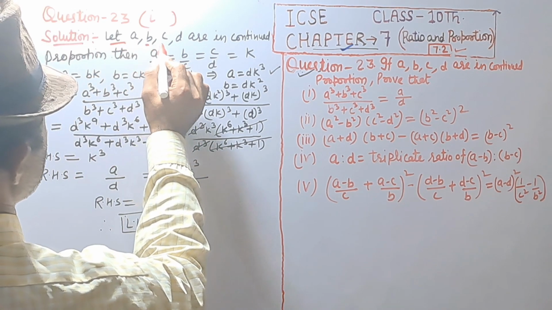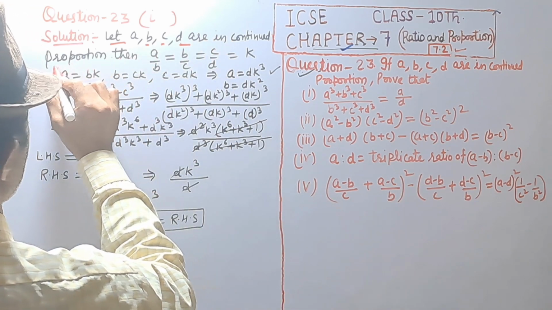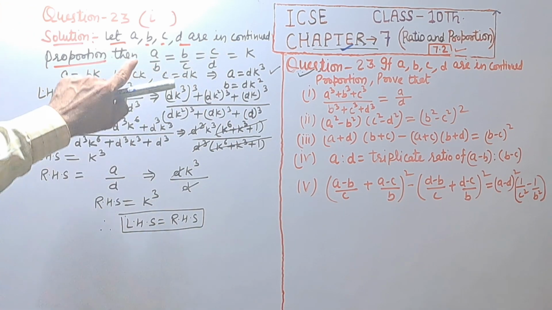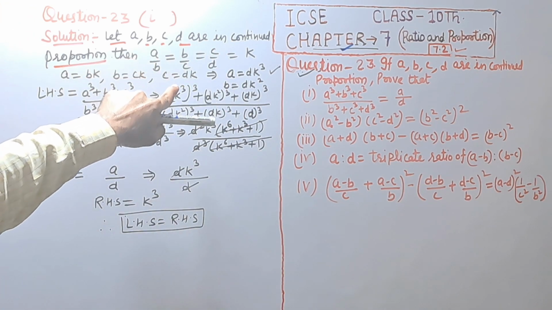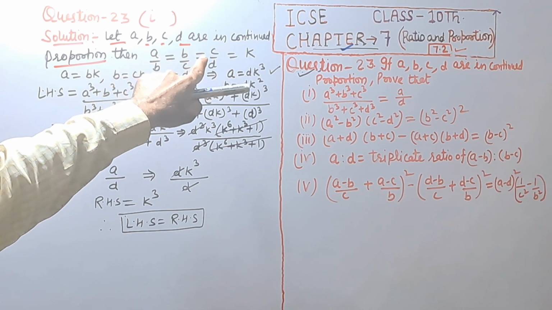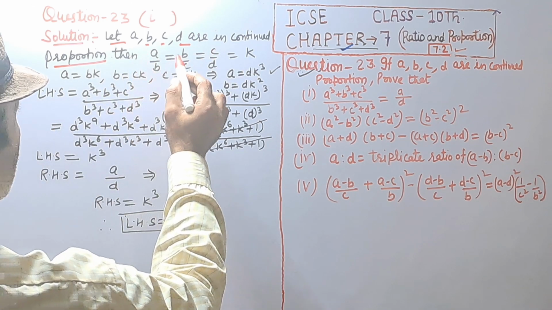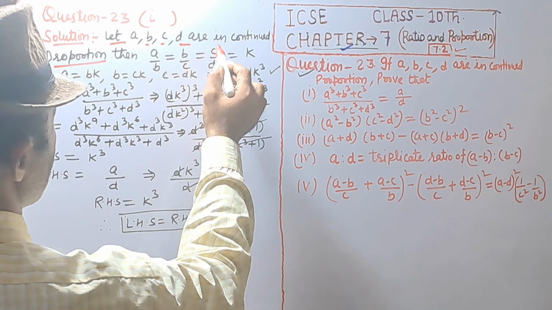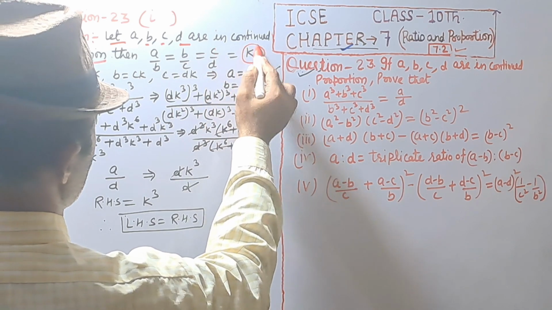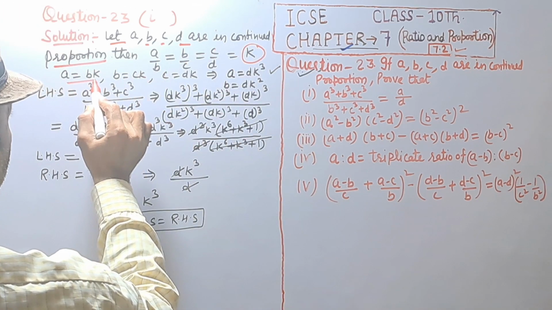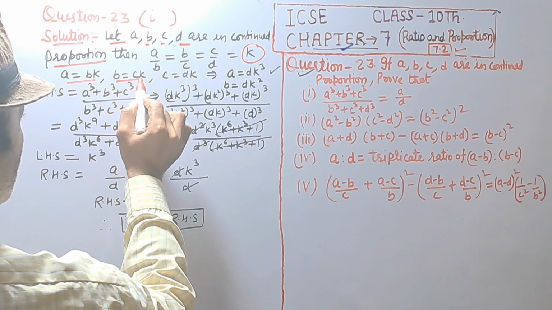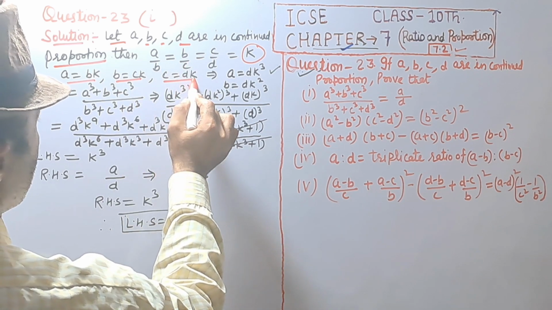Let A, B, C, D be in continued proportion, then A upon B is equal to B upon C is equal to C upon D, that is equal to K. A is equal to BK, B is equal to CK, and C is equal to DK.